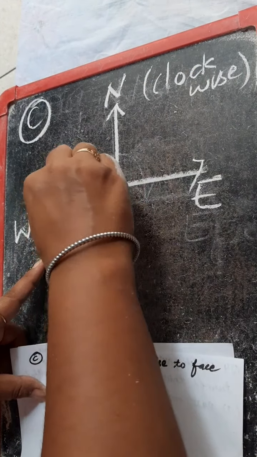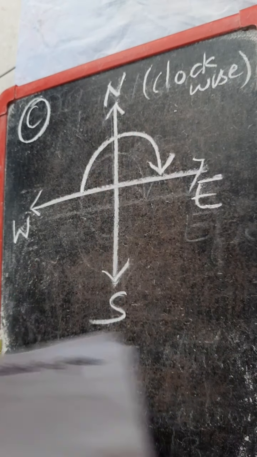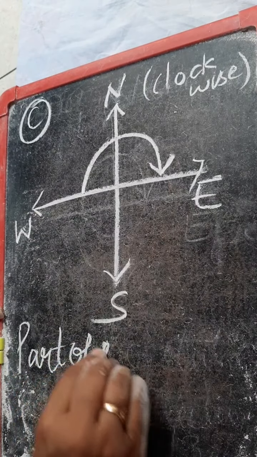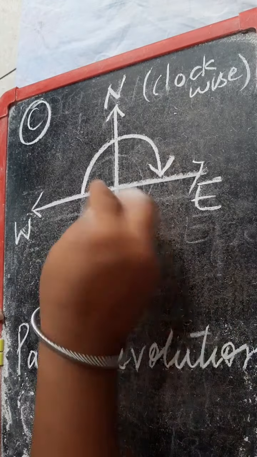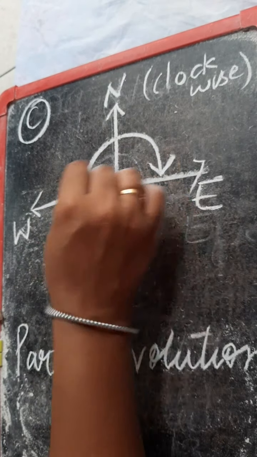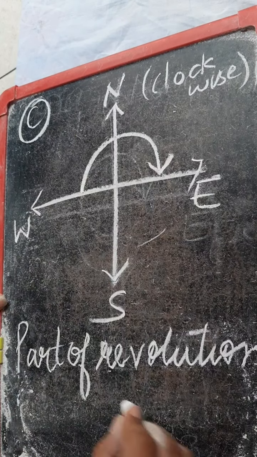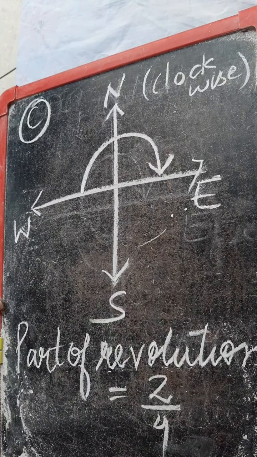Now I have to write the part of revolution, meaning fraction. Here the part of revolution is 1, 2. 2 upon 4. As this is divided into 4 parts, the part of revolution is 2 upon 4. So this is all about question number 4.